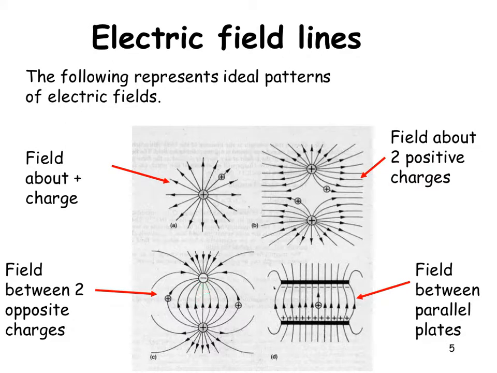Unlike charges will connect with one another, and they will go from positive towards negative. A uniform field from positive towards negative, and notice that those are evenly spaced lines to show the uniformity. At the edge of the plate, you land up with a slight curve to those lines because it's now not 100% uniform just around the edge of the plates. These are the ideal field patterns that you would need to learn.